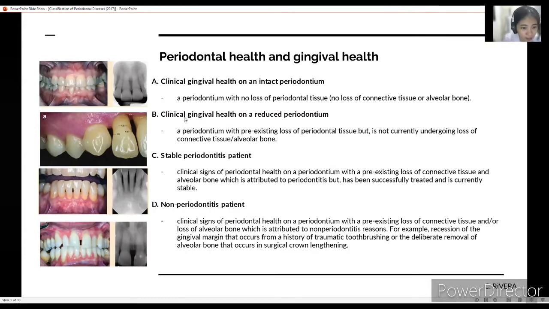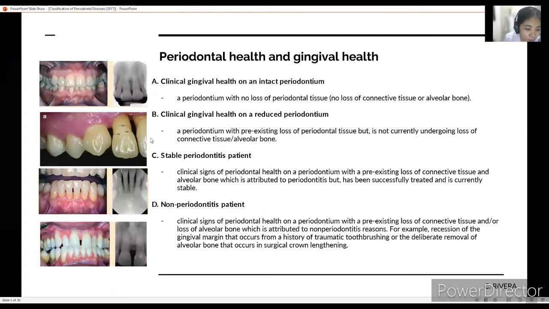The second is clinical gingival health on a reduced periodontium. This is a periodontium with pre-existing loss of periodontal tissue, but it is not currently undergoing loss of connective tissue or alveolar bone.